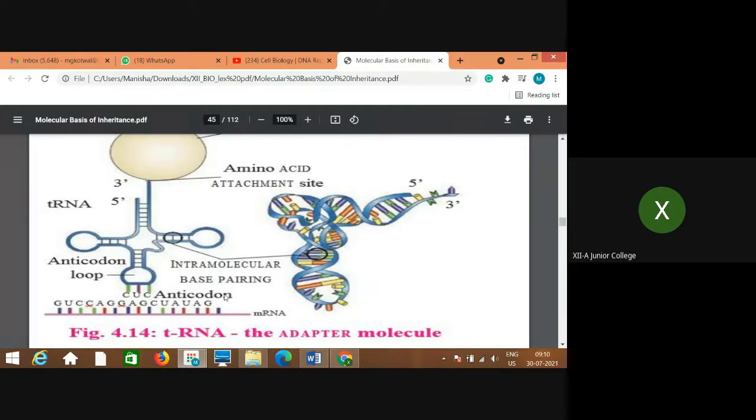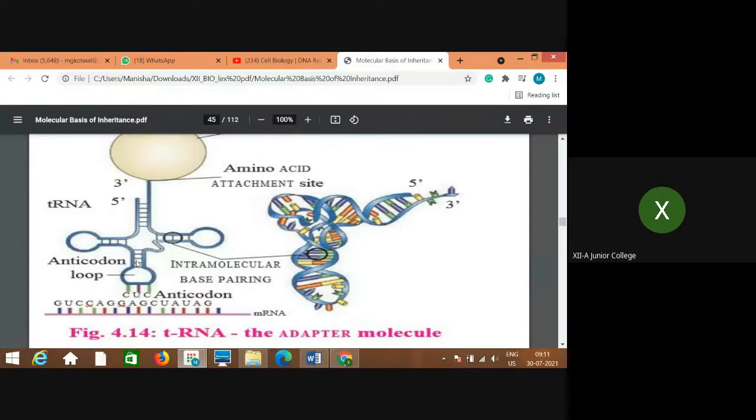It doesn't code for anything. So the first codon, which initiates protein synthesis, is called the start or initiation codon, and the last codon, which terminates the reaction, is called the termination codon or stop codon. Now, up to this the structure of mRNA is clear, I think.